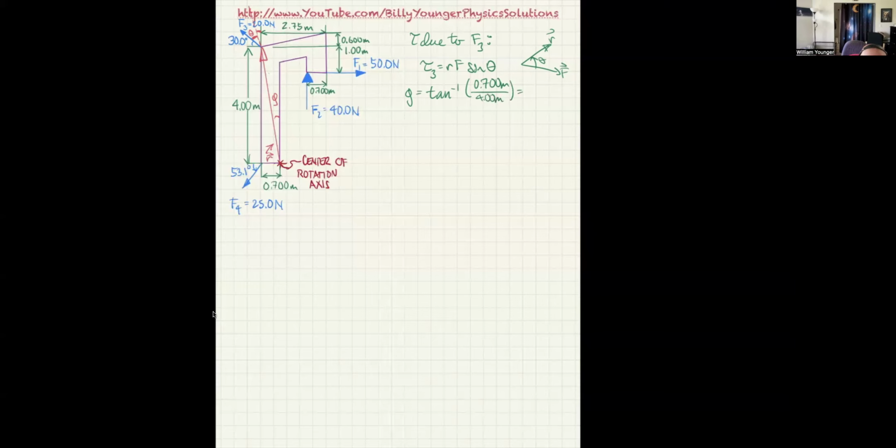The inverse tangent of that should give us the angle phi. So I'm going to say shift tangent inverse, parentheses, 0.7 divided by 4 in parentheses, gives me 9.926.